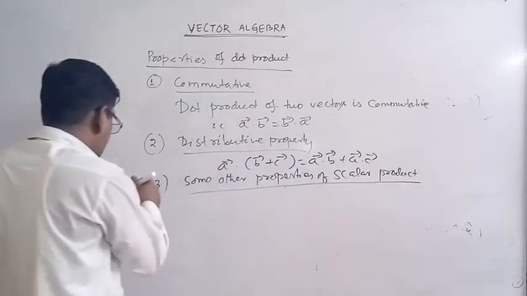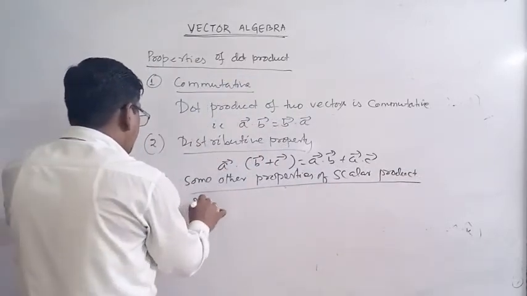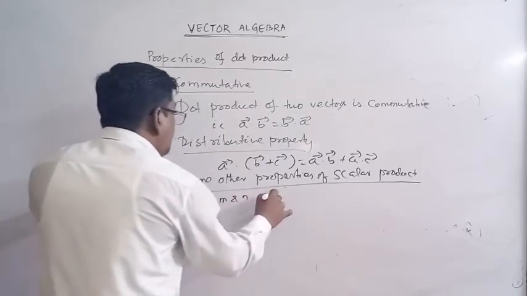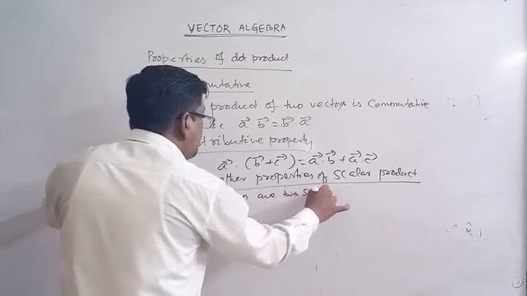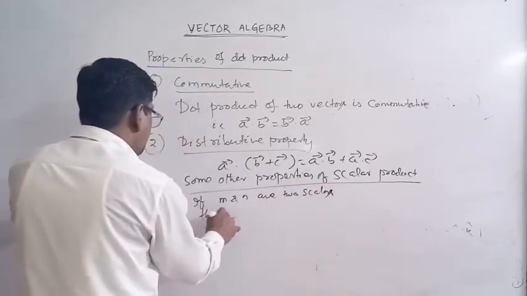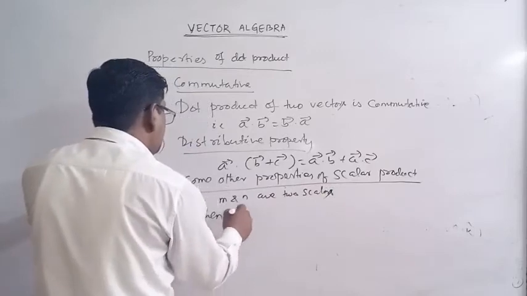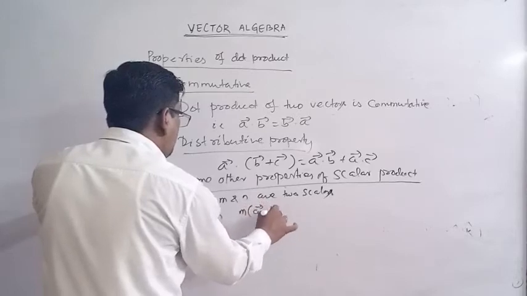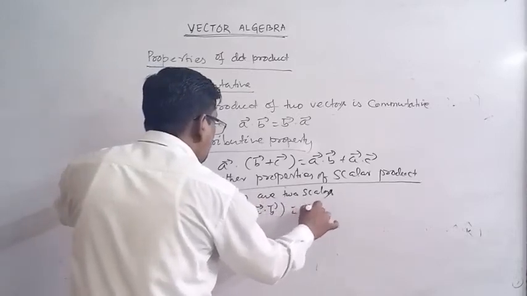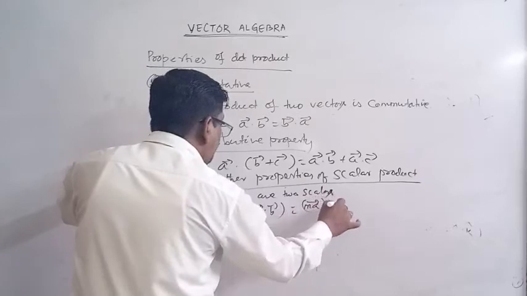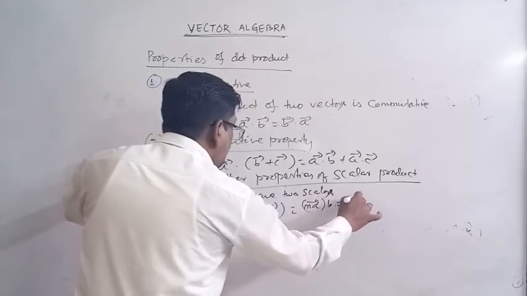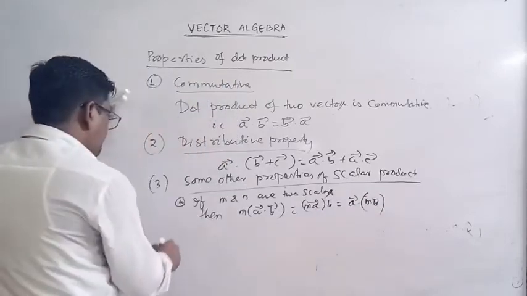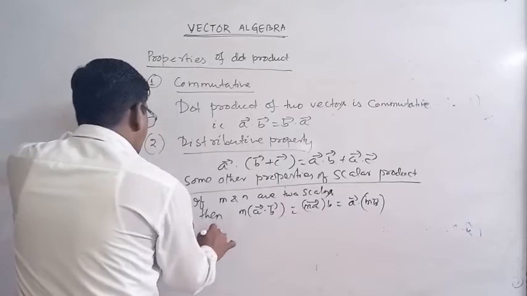If M and N are two scalars, then M into A dot B is equal to MA dot B, or is equal to A dot MB. Clear?